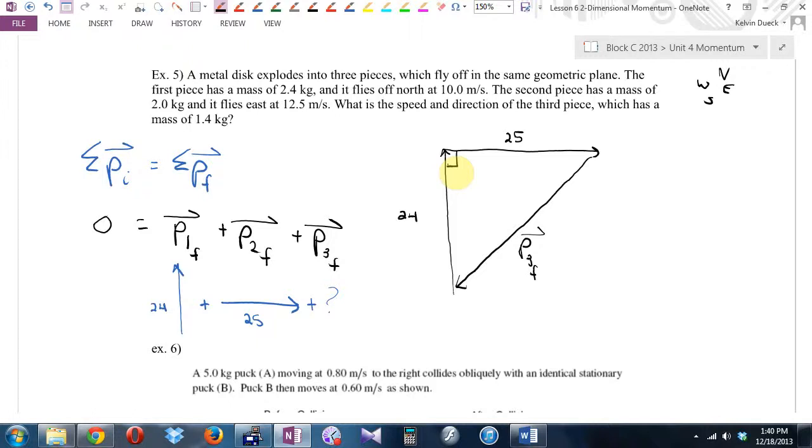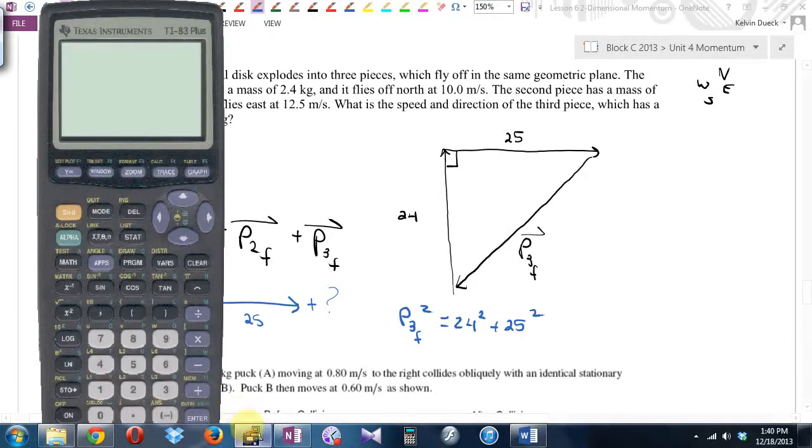It's going to be momentum 3 final squared equals 24 squared plus 25 squared. Square root gives 34.6554. Good hands, Pete. 34.6554. Yes?